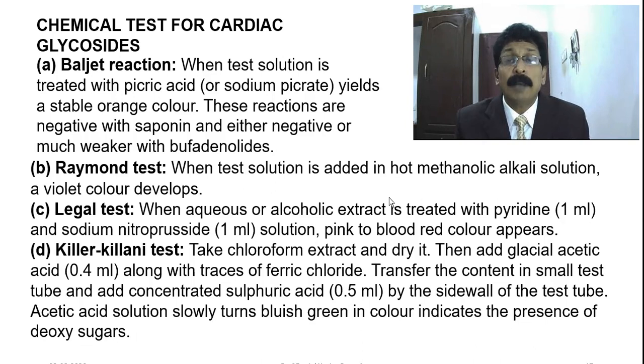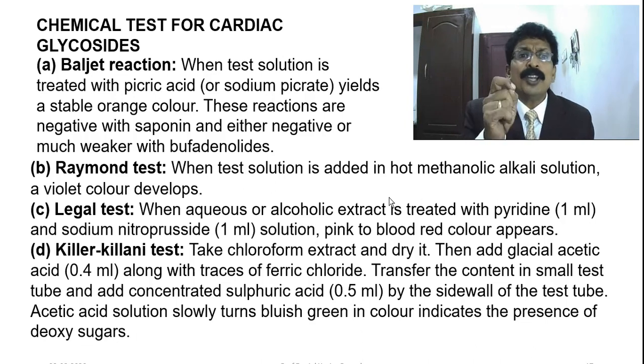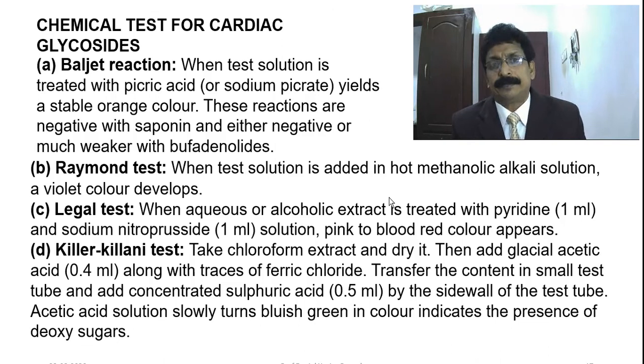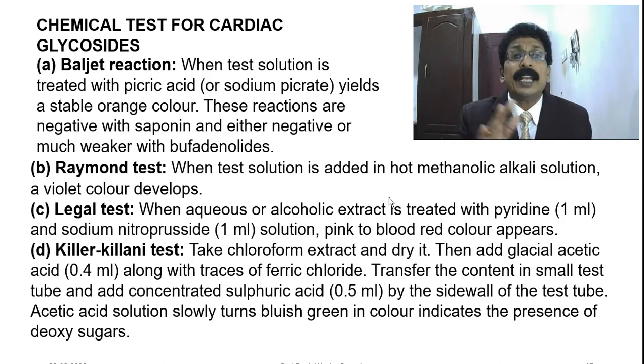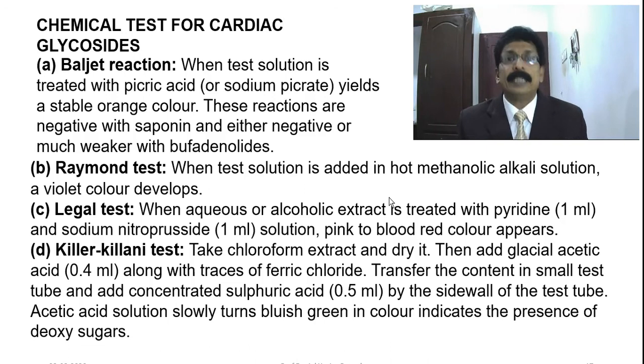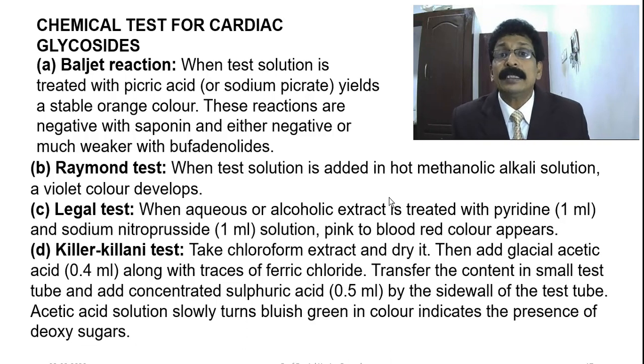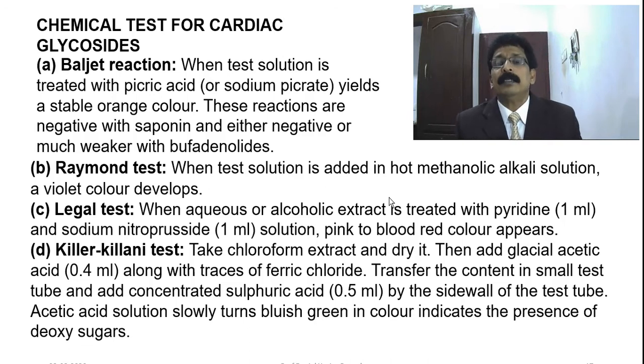Number 1, Baljet reaction. When the test solution is treated with picric acid or sodium picrate, it yields a stable orange color. These reactions are negative with saponin and either negative or much weaker with bufadienolides. Especially bufadienolides, what is the lactone ring present in bufadienolides? A 6-membered ring is present in bufadienolides.